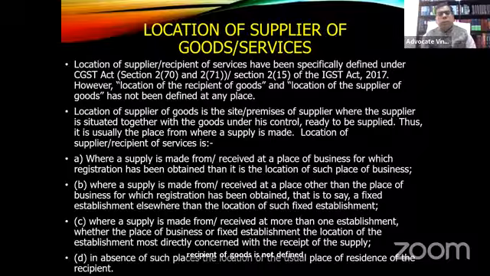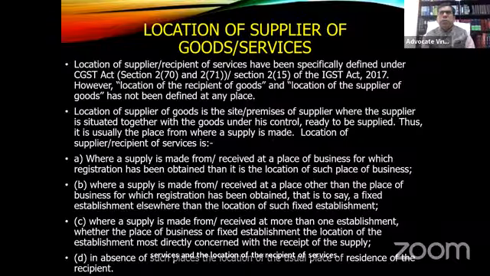So with respect to the location of the supplier or the recipient, the definition says that if the supply is made from a place where the supplier is registered or the buyer is registered, then it is such location which has the registration which will be considered to be the location of the supplier of the services and the location of the recipient of services.